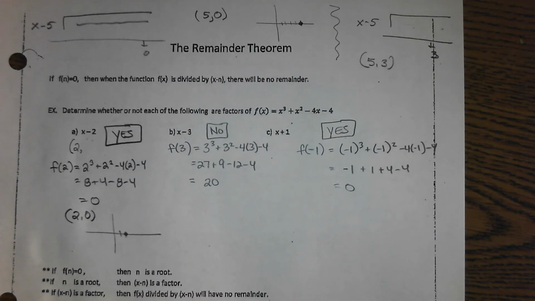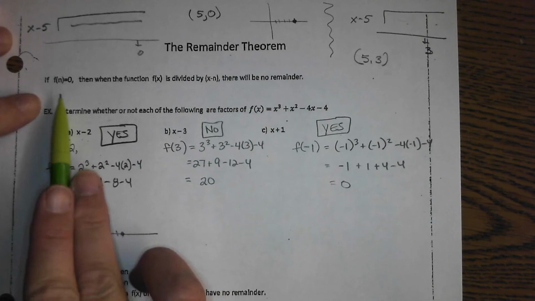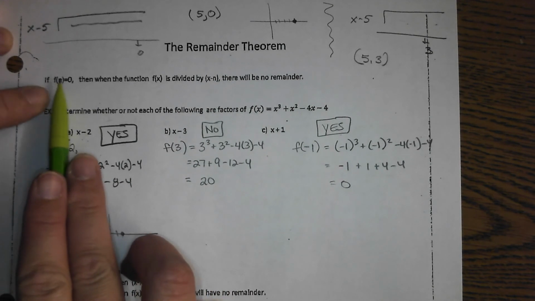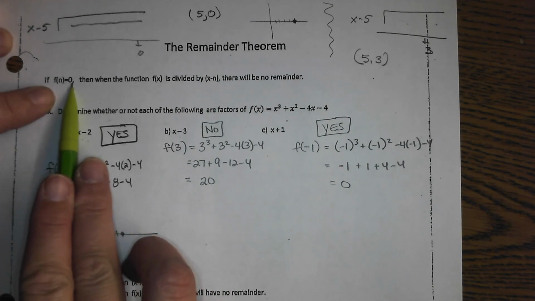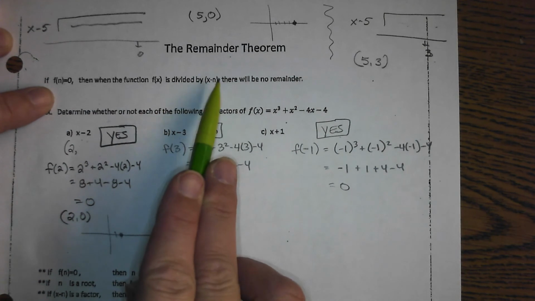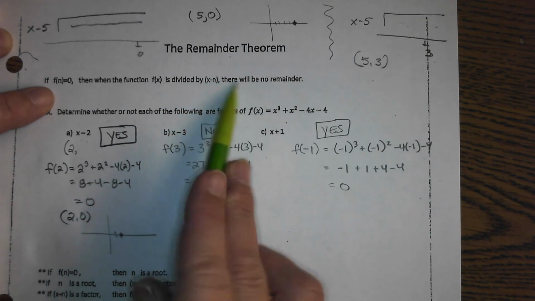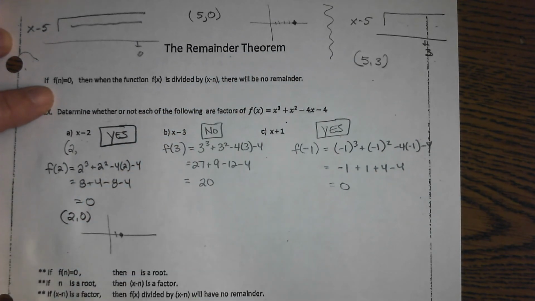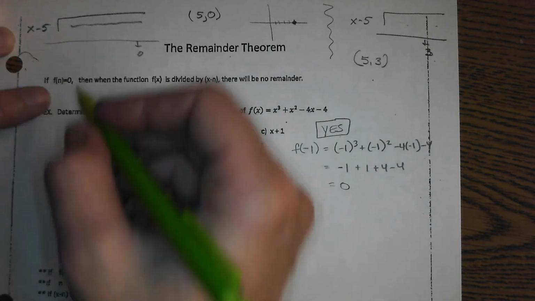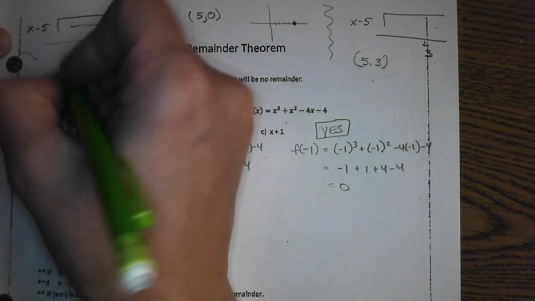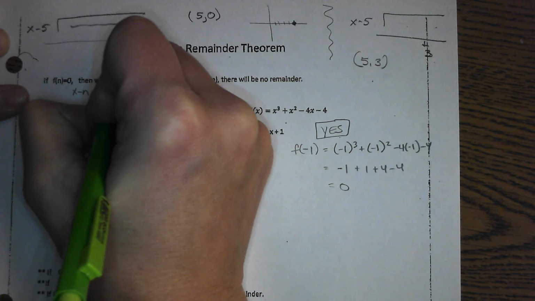Now that we've actually done it, I'll go back up to this notational description. If f of n equals 0, then when the function is divided by x minus n, there will be no remainder. Does that make sense? You could say a gazillion things from this. You could say that if f of n equals 0, then x minus n is a factor.